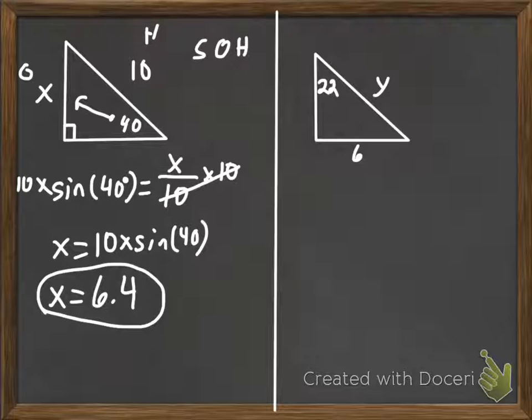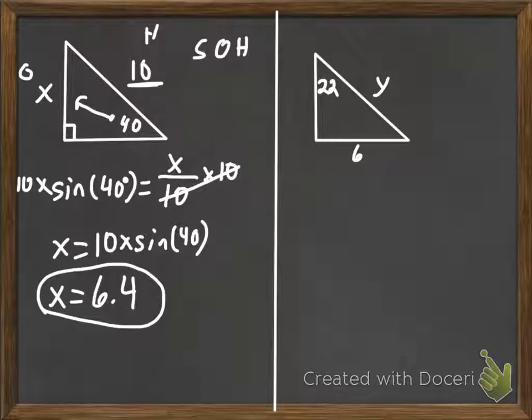So we got x is 6.4, and that seems reasonable to me. Because if I look, 10 is my hypotenuse, and I know that the hypotenuse is the biggest side. So if I got something bigger than 10, I knew I messed up, because 10 is the biggest number I could get, and it has to be the hypotenuse. So anything I get for x has to be smaller than 10. So it's just a way with these where you can check.